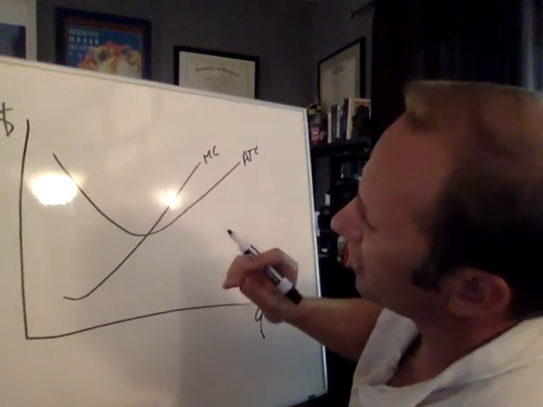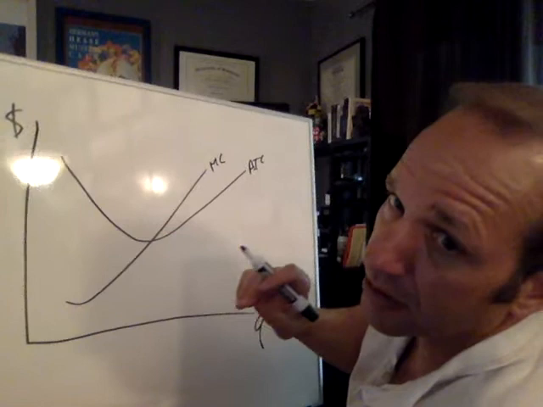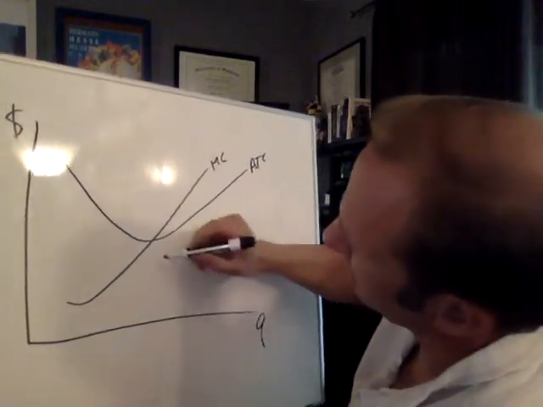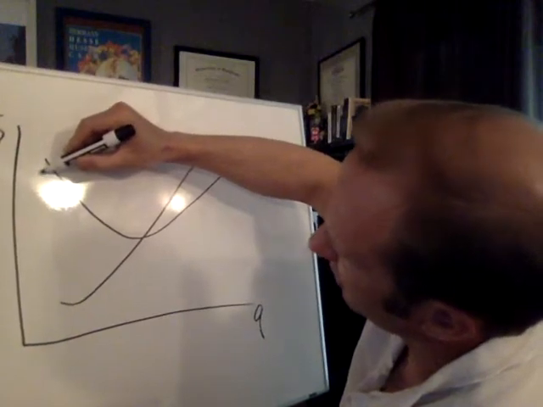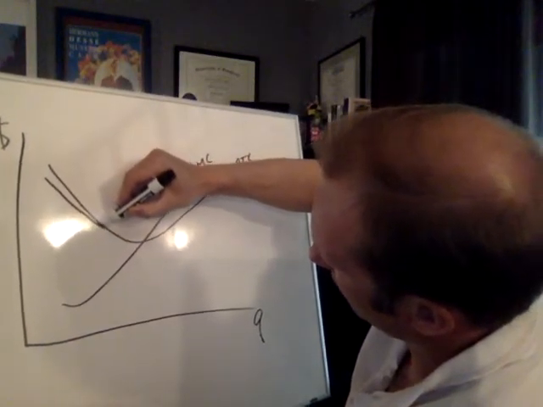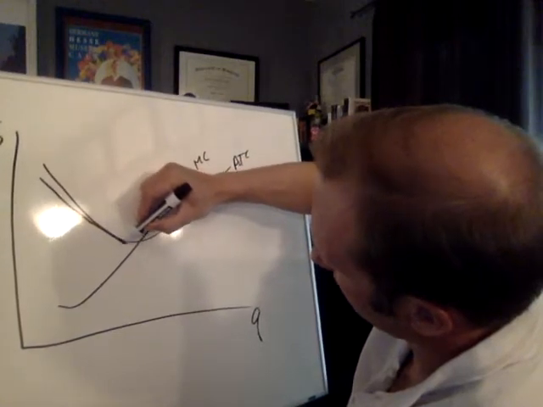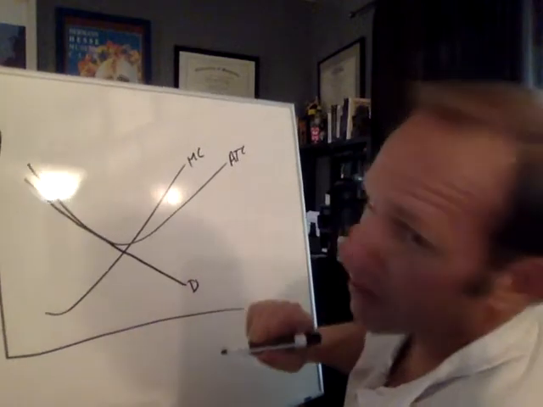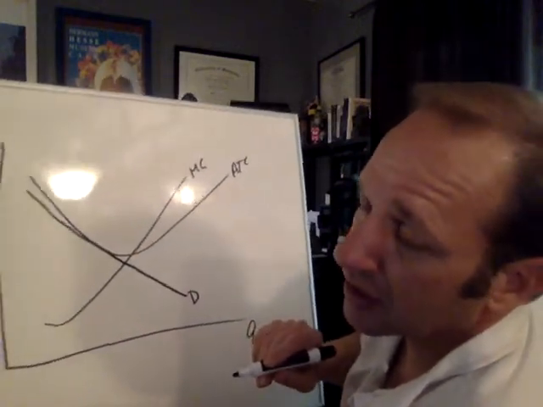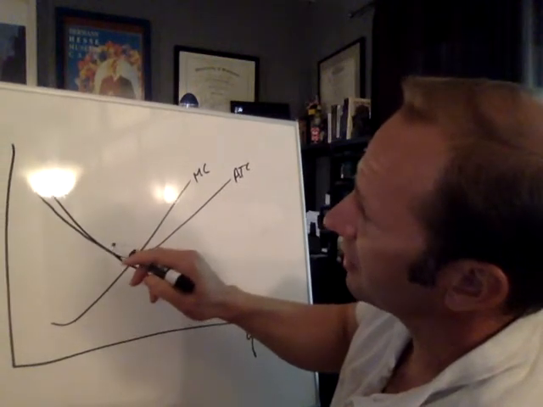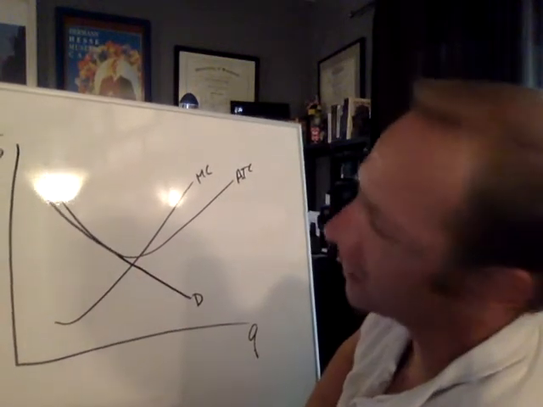So where we expect the monopolistic competitor to be residing in equilibrium looks something like this. Demand is downward sloping, and it should just kiss average total cost. Technically speaking, a more technical term than kiss is tangent to average total cost.